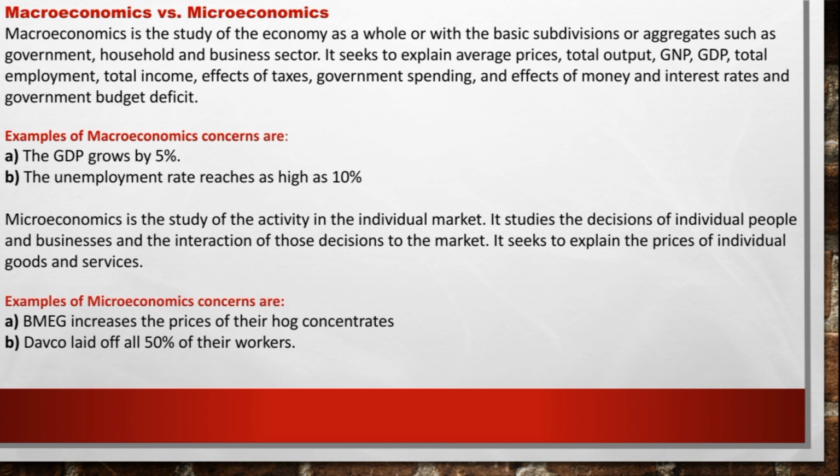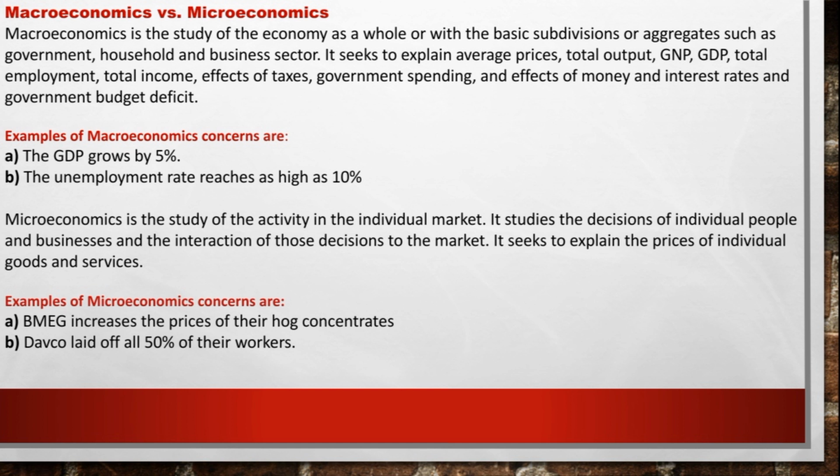It seeks to explain average prices, total output, GNP or gross national product, GDP or gross domestic product, total employment, total income, effects of taxes, government spending, effects of money and interest rates, and government budget deficit. Examples of macroeconomics: A, the GDP grows by 5%. B, the unemployment rate reaches as high as 10%.